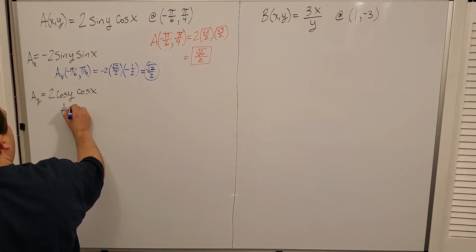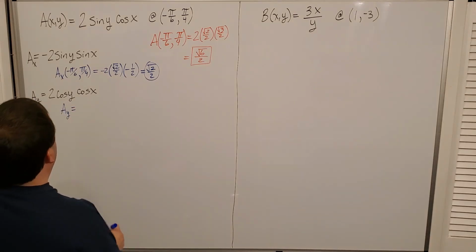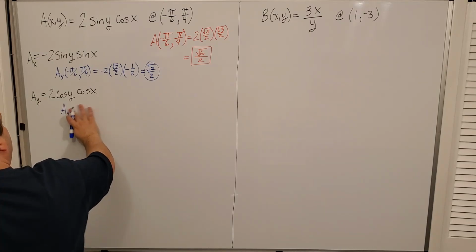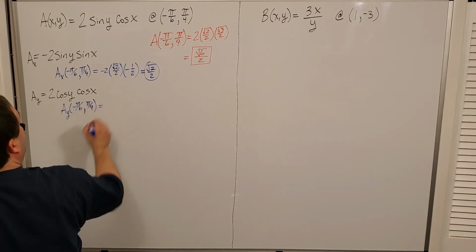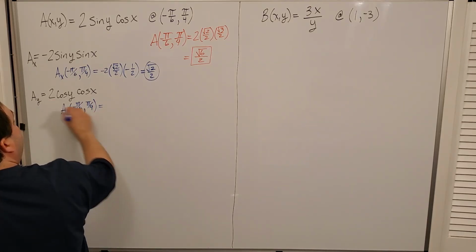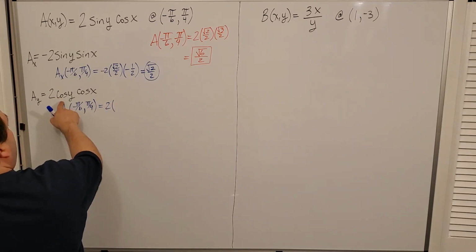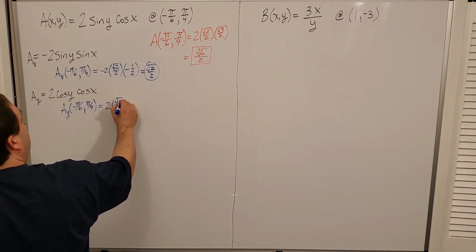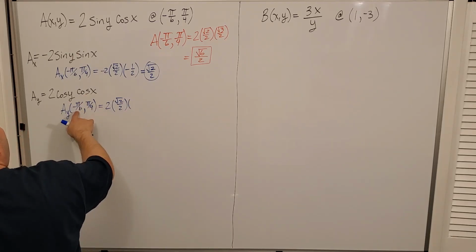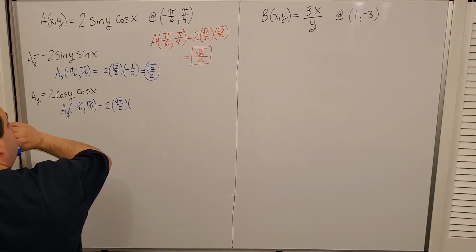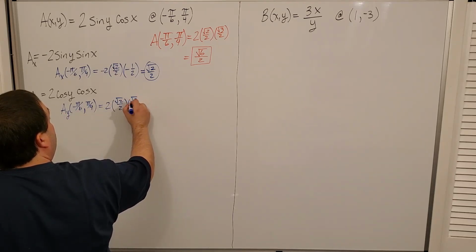Okay, so then my component in the y direction at the point negative pi over 6, pi over 4 is going to be equal to 2 cosine of y, square root of 2 over 2, and cosine of the negative pi over 6, which is still the square root of 3 over 2 there.